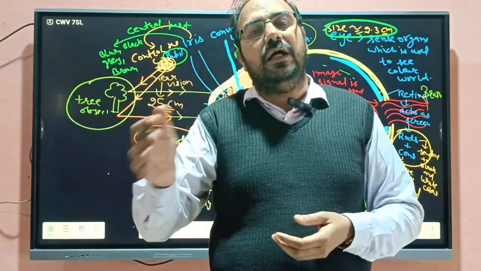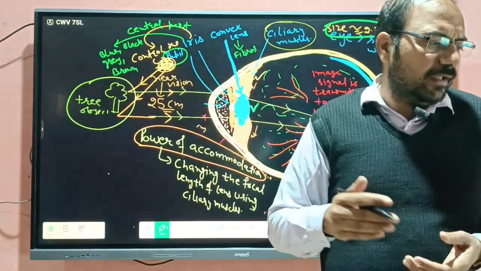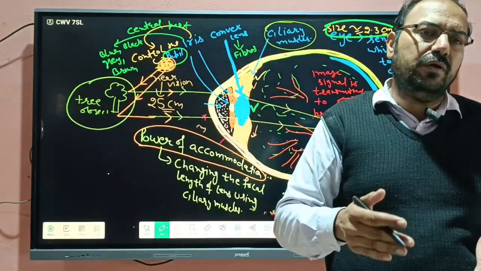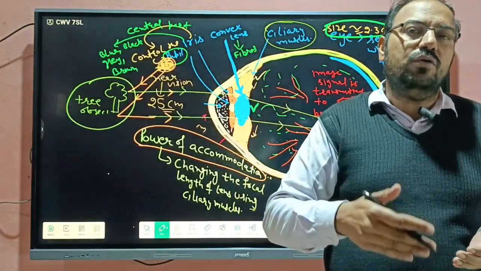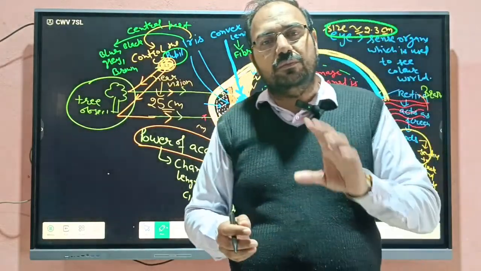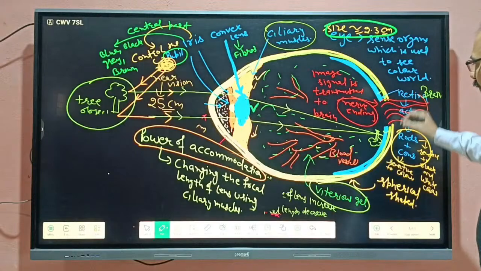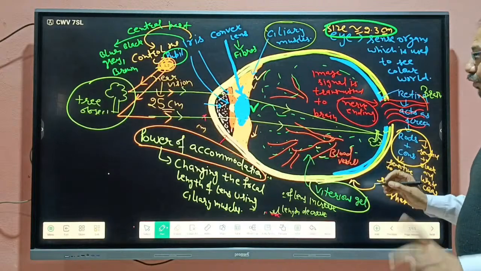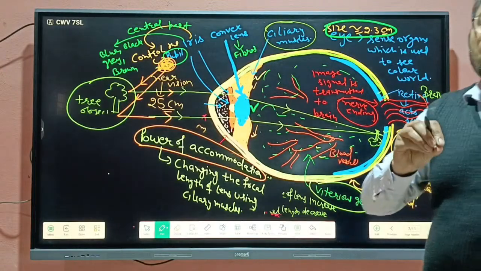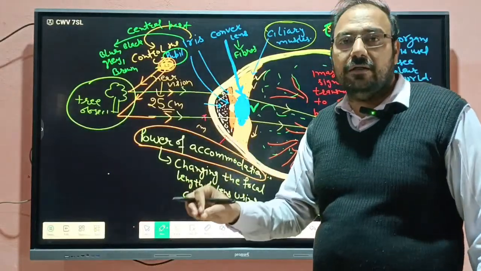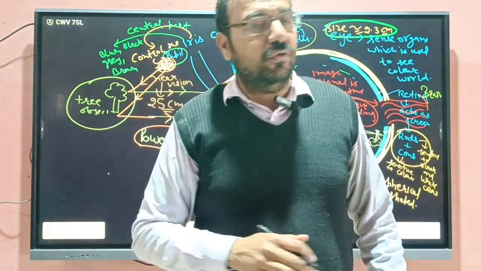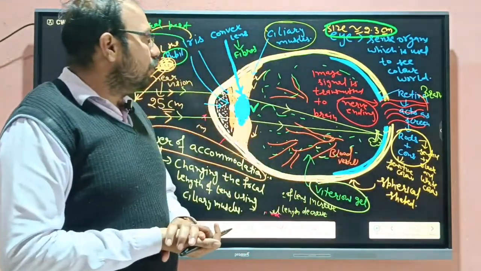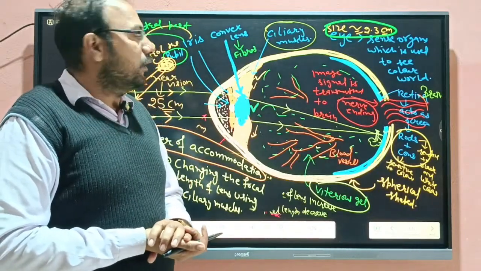In other words, there is an absence of rods and cones, or there is no connection between the rods and cones and the optic nerve. Some small area is present on the retina, and when an image is focused on that spot, where rods and cones are not present or not interconnected, it is known as the blind spot. This problem also appears in some people, and it is known as night blindness.